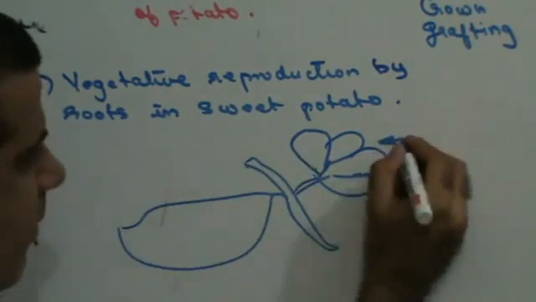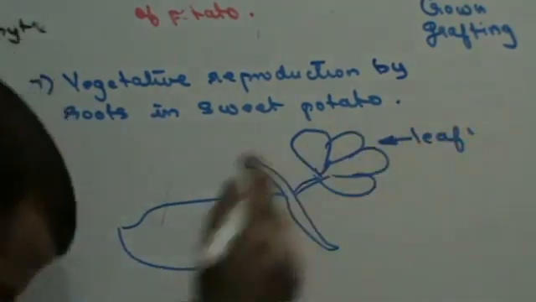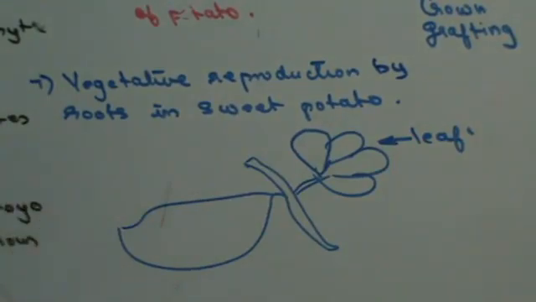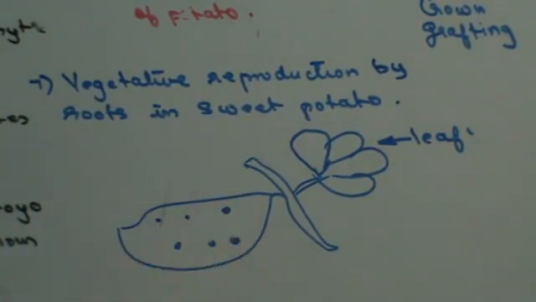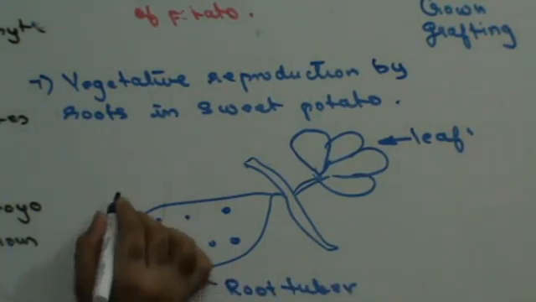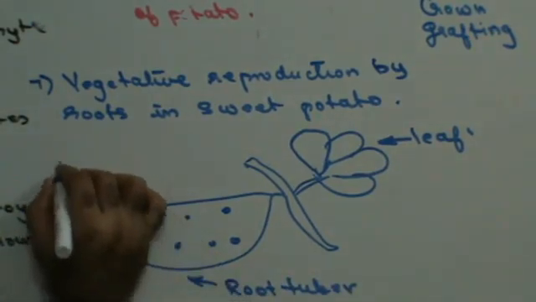This would be your leaf, and here on this you would have adventitious roots. This is my root tuber, and this is your adventitious root.